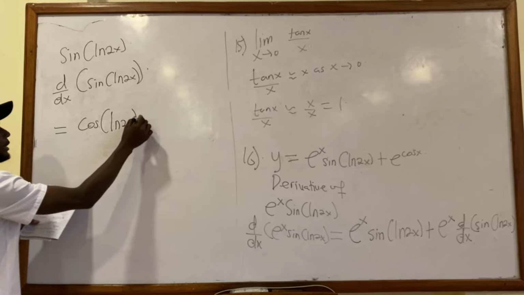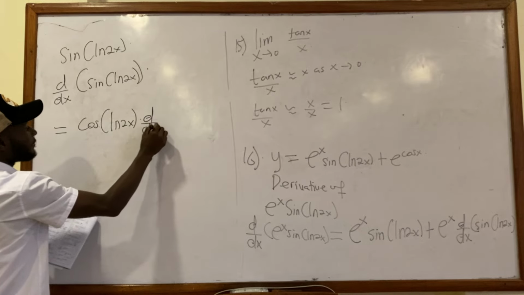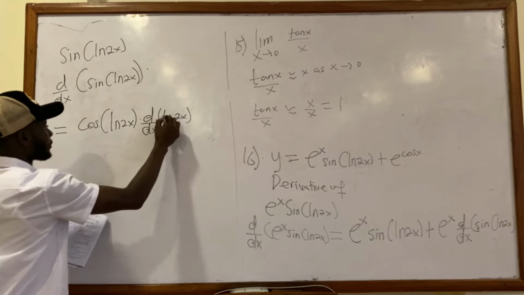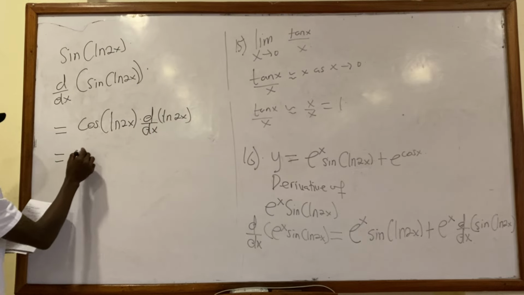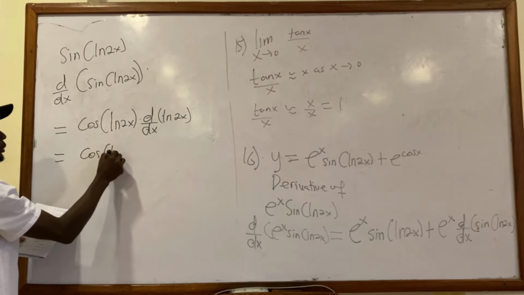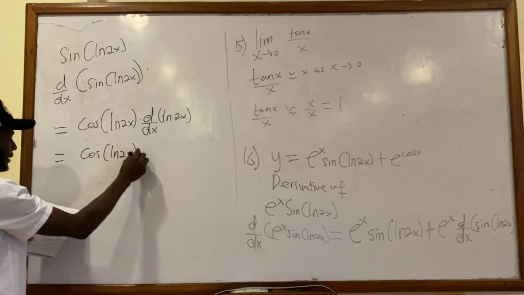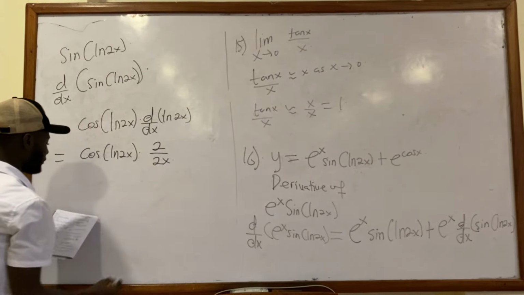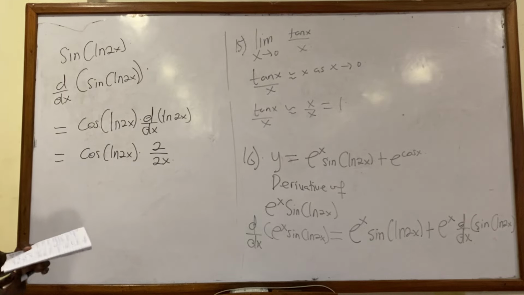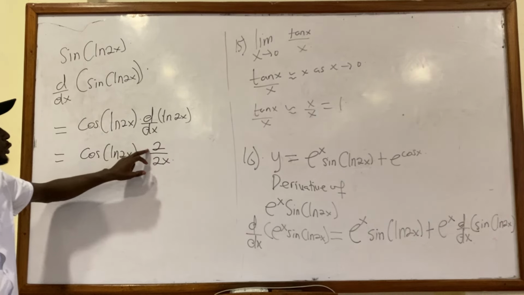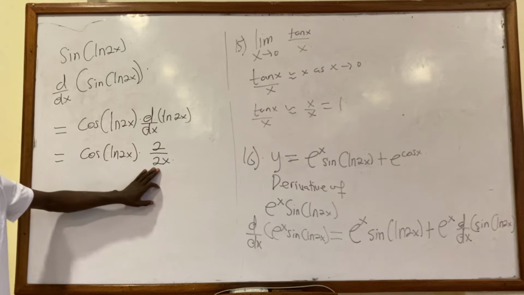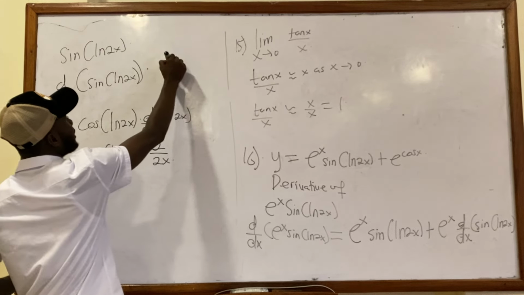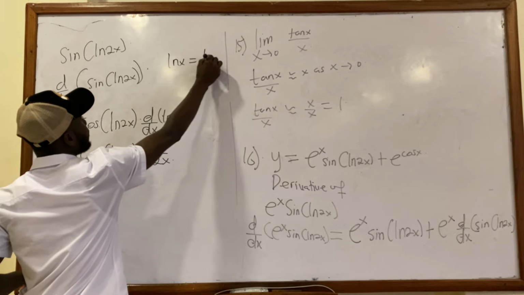Then we differentiate the inner function, which is ln 2x. So we have cos of ln 2x times 2 over 2x. You know that when you differentiate ln 2x, it's the same as differentiating ln x, which is 1 over x.